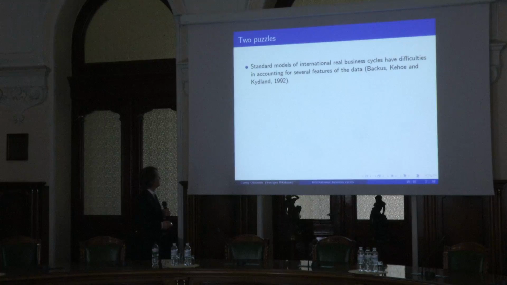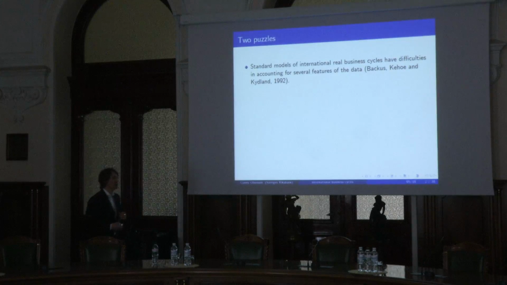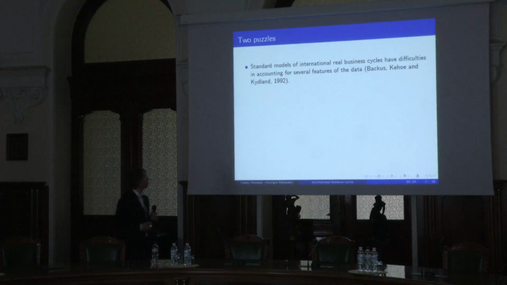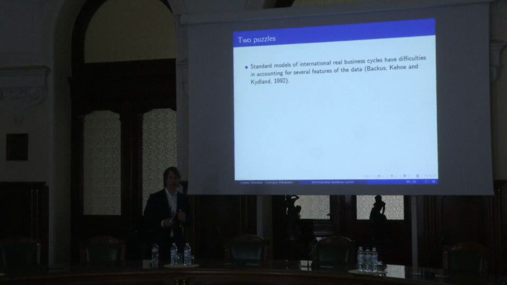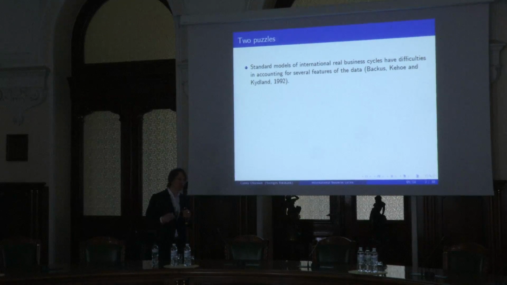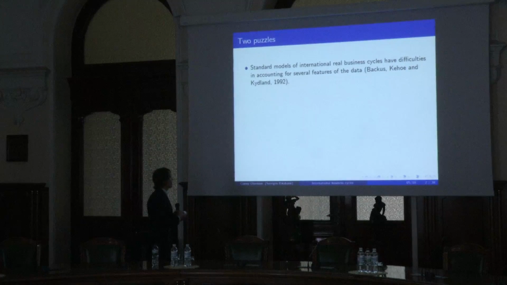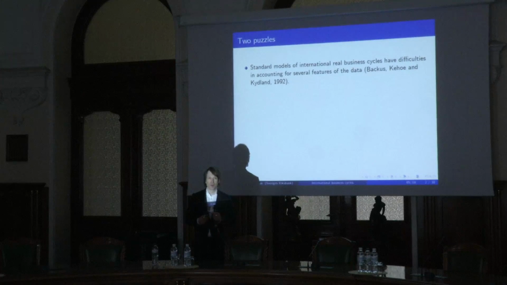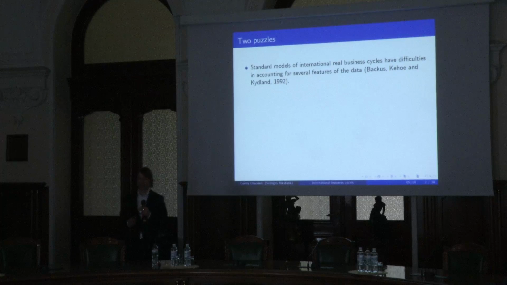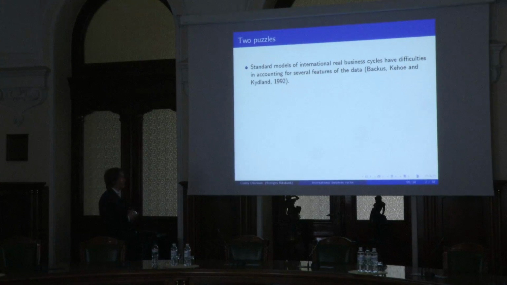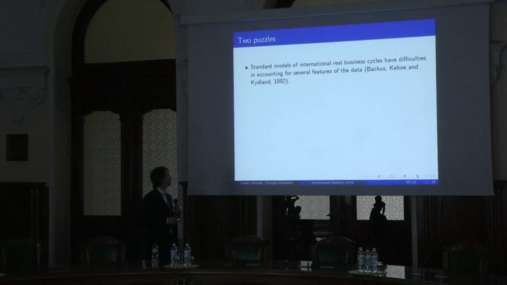All right, so when it comes to international real business cycles, there are several problems, or puzzles as we call them, in the sense that the models that we set up typically have a hard time accounting for several features of the data. And this has been known at least since the early 90s, when a few papers by Backus, Kehoe, and Kydland came out and showed this.